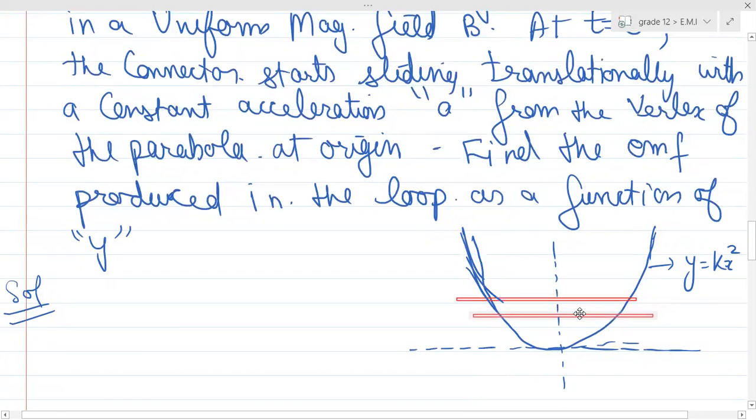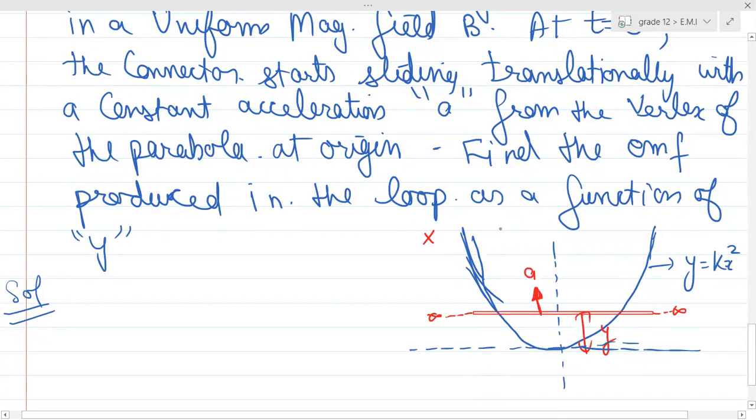Yes, guys, everyone can see a connector, right? So this connector is moving in this direction with an acceleration a. This is the y coordinate of the connector at any time. This connector is infinitely long, so don't think like, sir, after one time it will be out of coverage area. No, it will always be in contact with the rails. Okay.